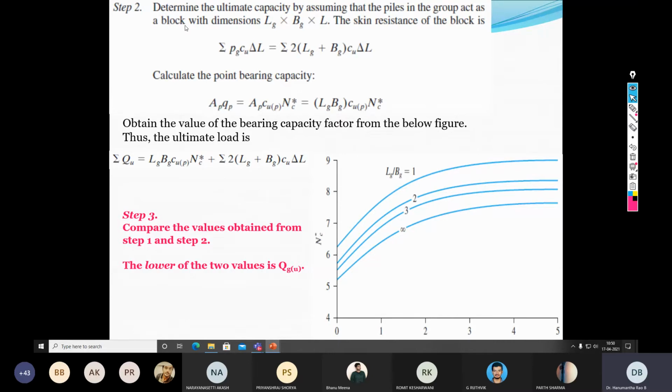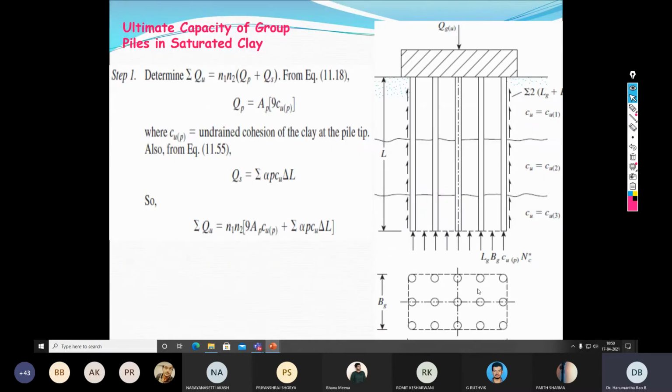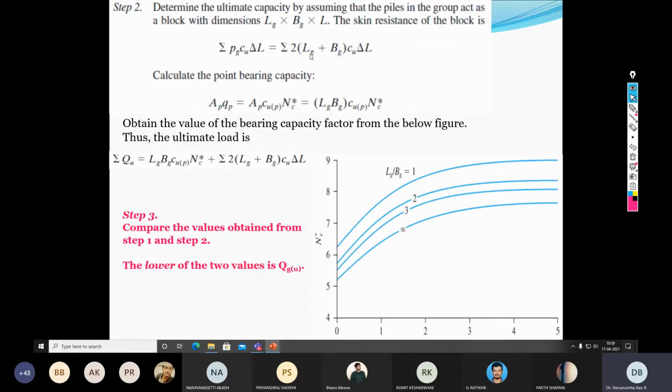Now here block means the dimension of the block is LG, that is length, by BG, and the total length of the pile remains same. So LG by BG by L. And in this case, suppose you are assuming the pile group as a block. Again, I repeat, when you say it is a block, this block includes number of piles as well as the soil. Everything will integrate themselves and act as a monolithic block.